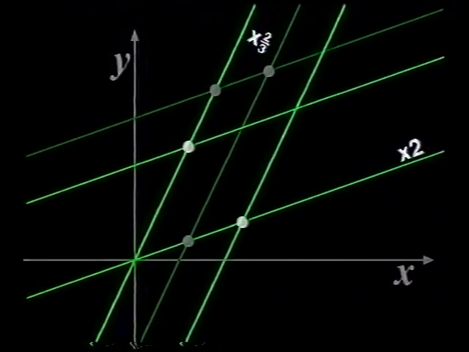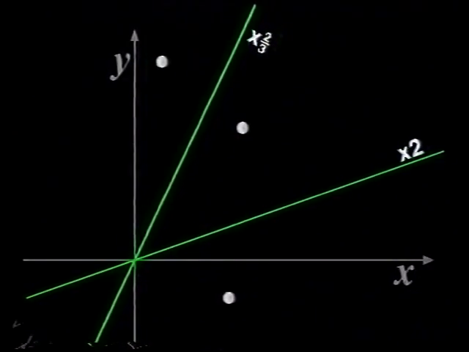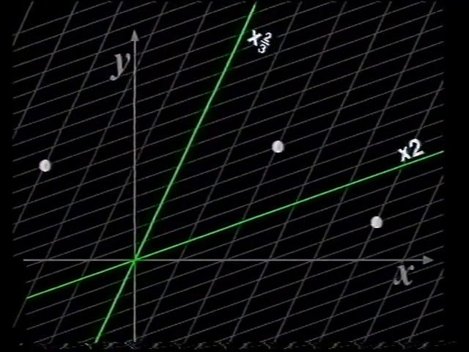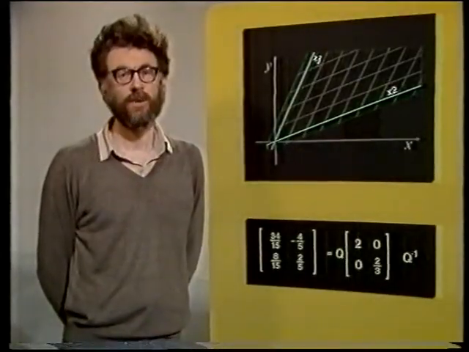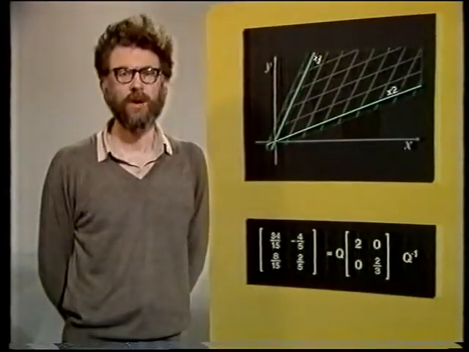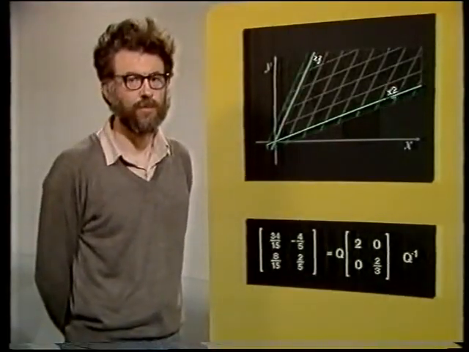So these are the image lines, and this is the image point. Okay, let's see how the transformation works for some other points. This grid transforms into this one. So by using much the same constructions we used in the first part of the program, we've been able to find out how points not on the eigenlines transform.